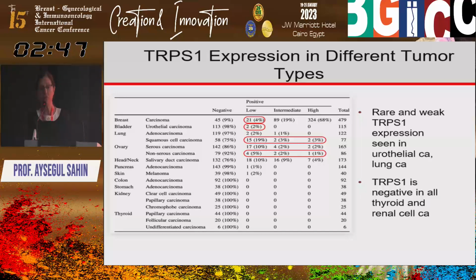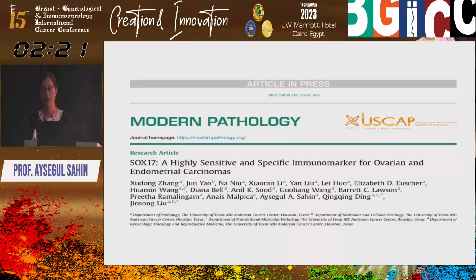In terms of TRPS1 expression in tumors other than breast, we have seen rare weak expression in urothelial carcinomas and lung carcinomas, and it is negative in thyroid and renal cell carcinoma. So again, it is not 100% specific, but it is a very sensitive marker.